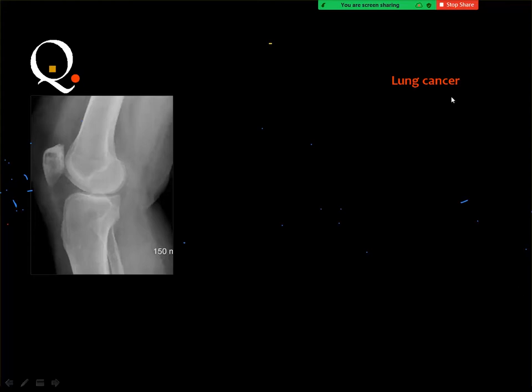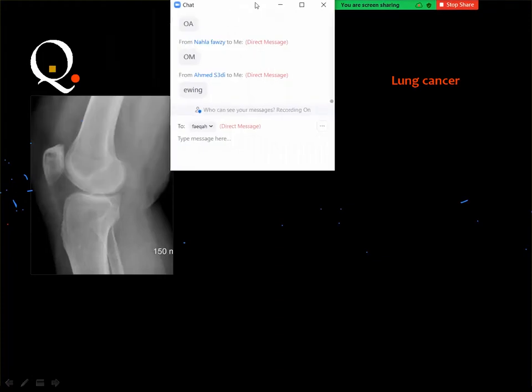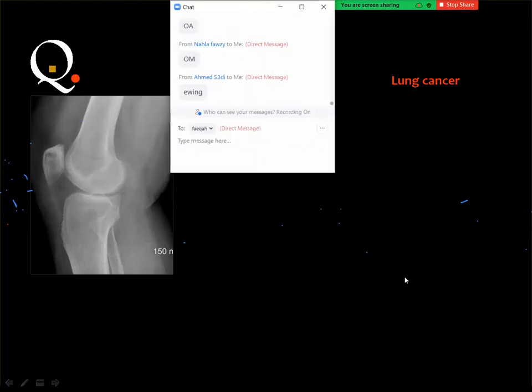This patient had bronchogenic carcinoma, and this is the X-ray of the knee done because of pain.